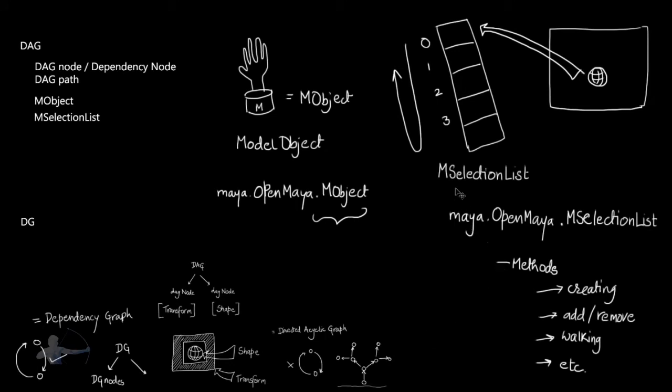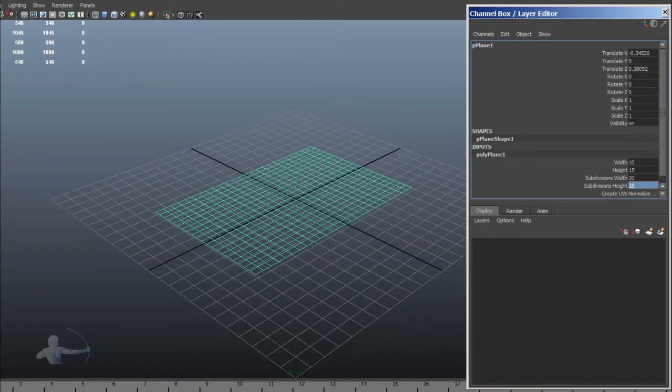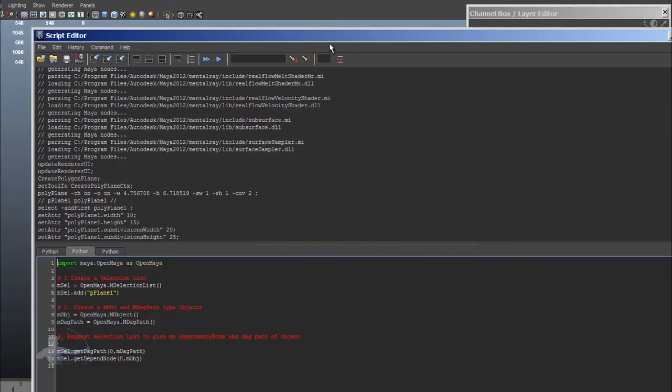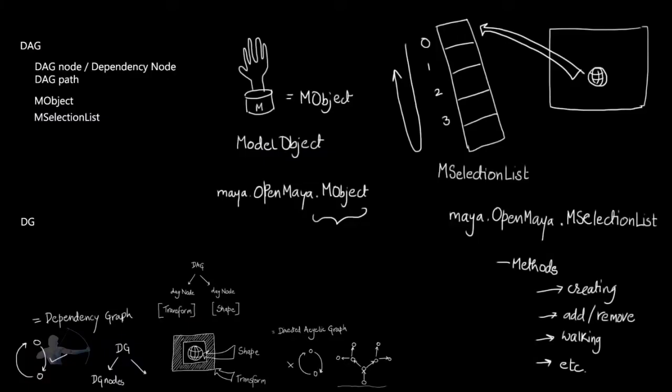We will create a mSelection list, we will create mObject and mDagPath, and then we would request mSelection list to give us dependency node of polyplane inside mObject type object, and DagPath inside mDagPath type object. So let's get back to Maya and start writing some code.